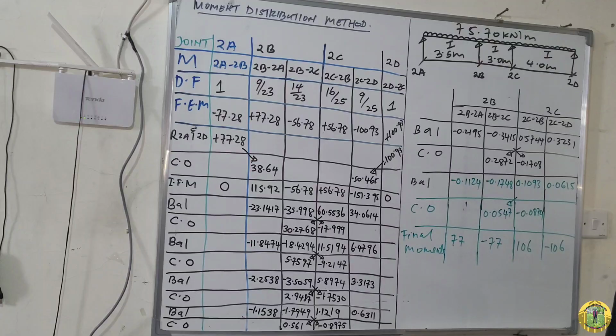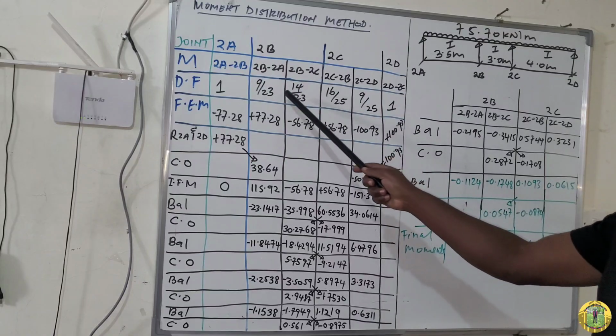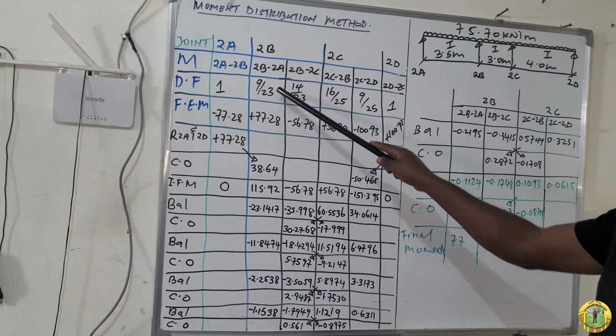Now to balance, change the sign of the value you have obtained, which is 59.14 positive. Now it will be negative 59.14, and distribute it to each member by multiplying the value with the distribution factor.